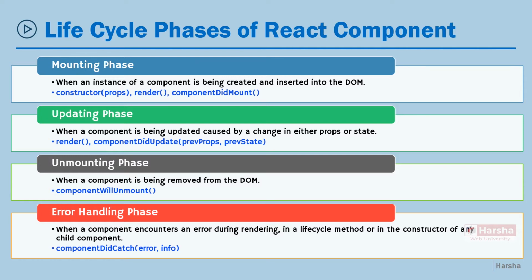So that leads to error handling phase of the shopping cart component. Or during the render method of the shopping cart component itself, there is an error. At that moment also, error handling phase of the shopping cart component occurs. In this phase, only one method, that is component did catch method, executes.